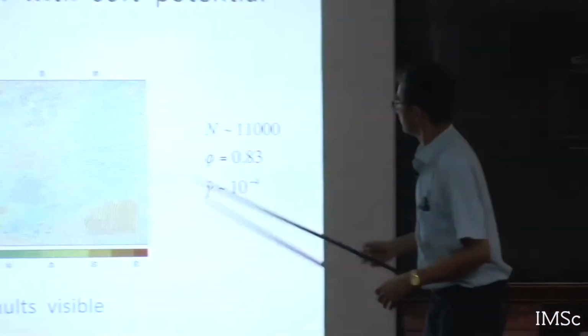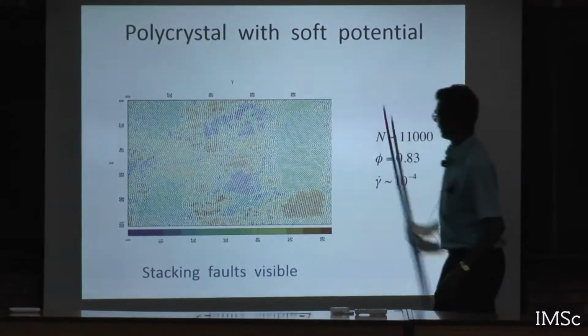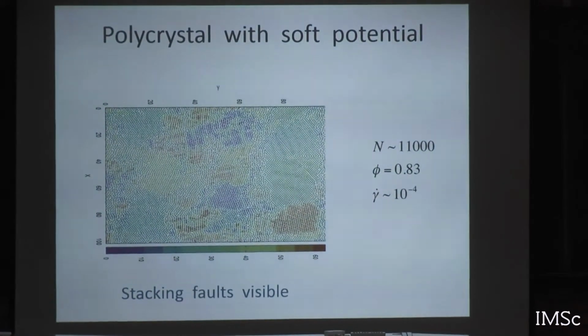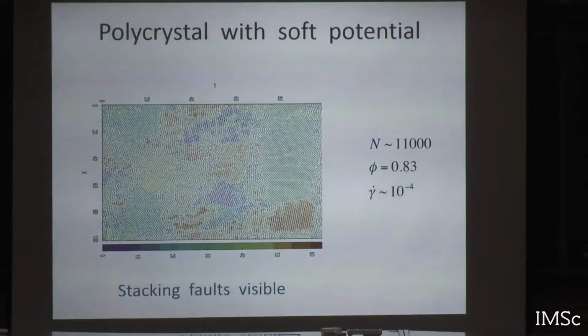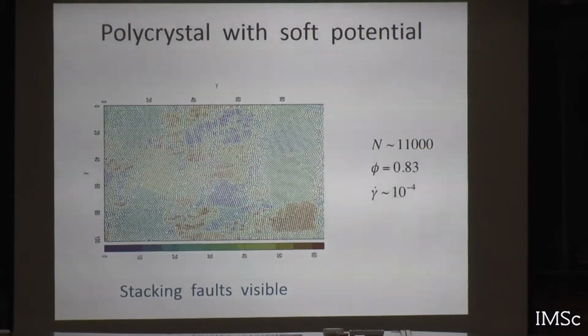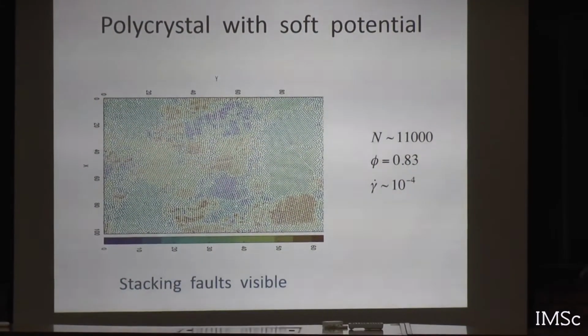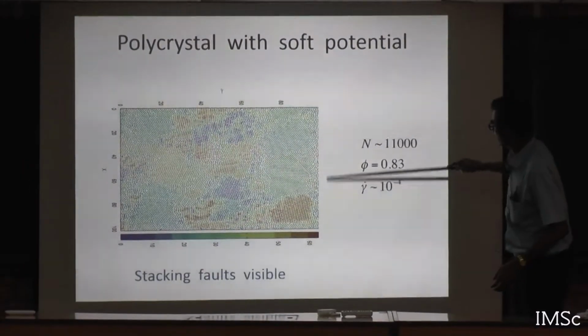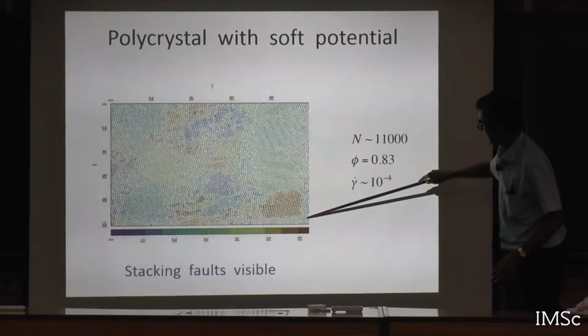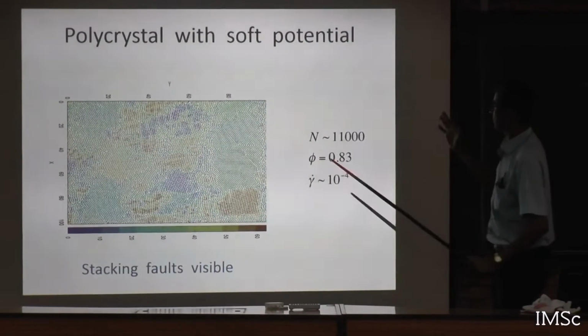So this is the moving wall. The grain structure that you get here is not exactly similar to what we had there. A few layers have been kept.